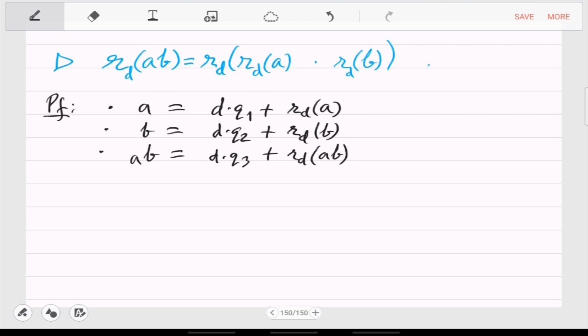these are the equations, but then you observe that, and this must have been a non-trivial observation 300 years ago, that when you multiply these 2 equations, on the left hand side you will get AB, which matches the third equation, and on the right hand side you will get D times something plus the product of R_A and R_B.